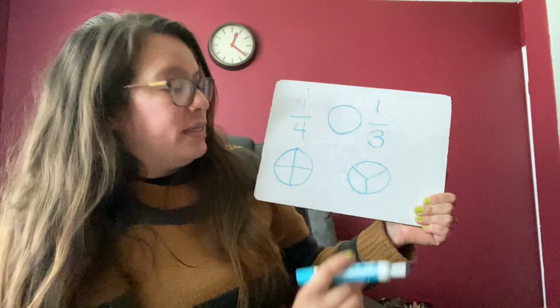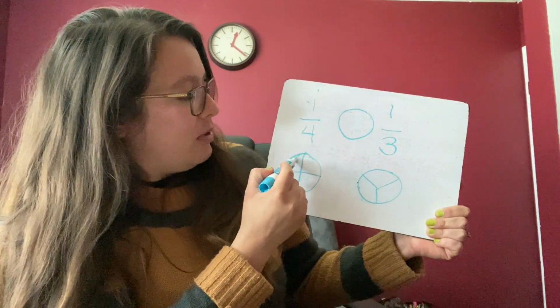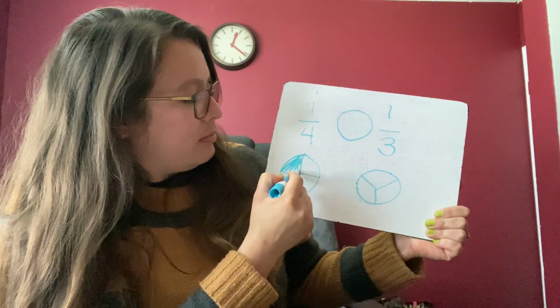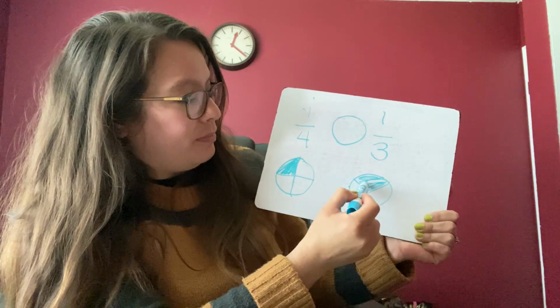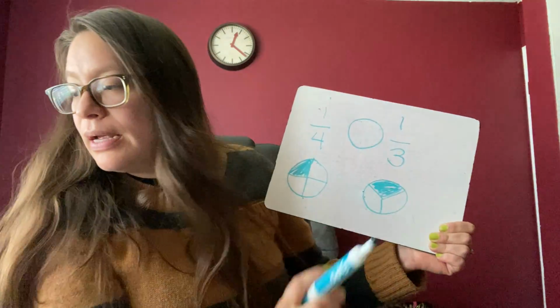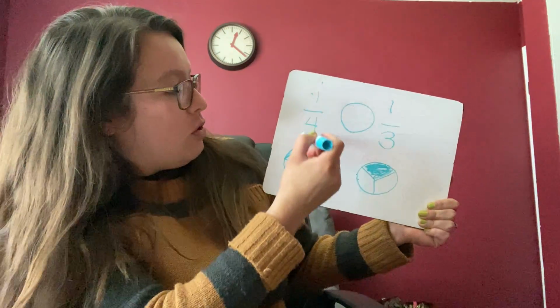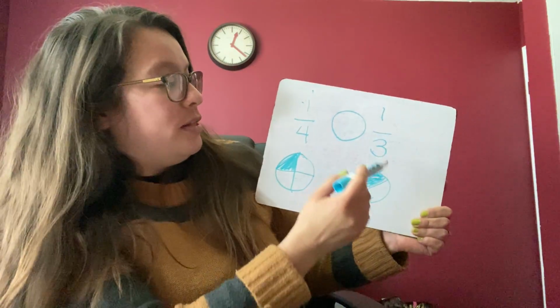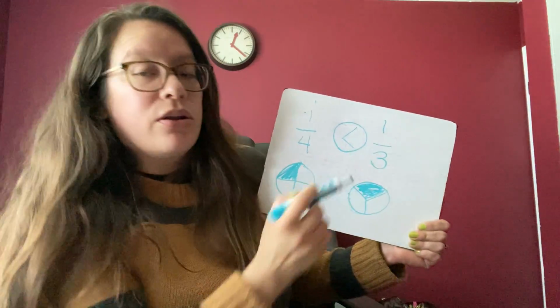That's kind of what we did. And now I need to shade in 1/4 of it here, and for this one, just one of it. So if I compared 1/4 to 1/3, this piece is definitely smaller than this piece. So 1/4 is less than 1/3.